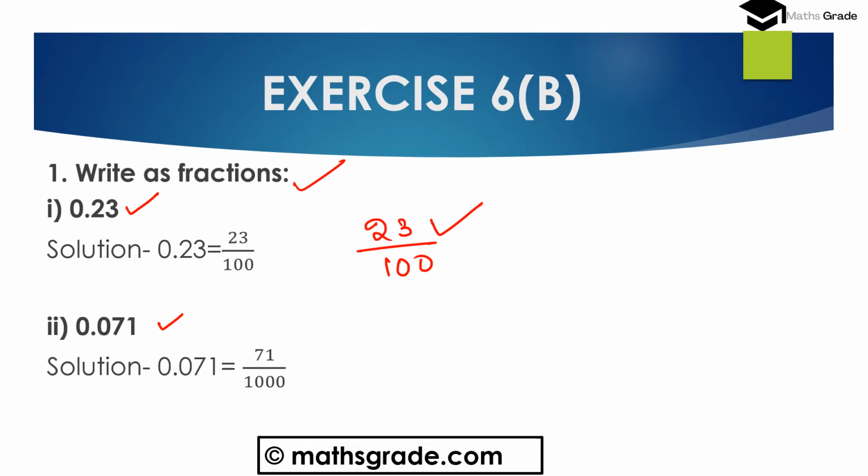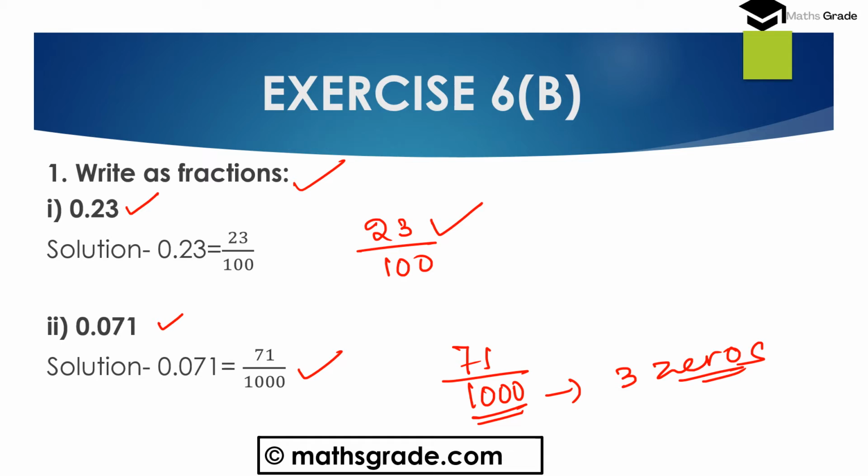And for 0.23, there are two digits after the decimal point, so we divide 23 by 100. 100 has two zeros.